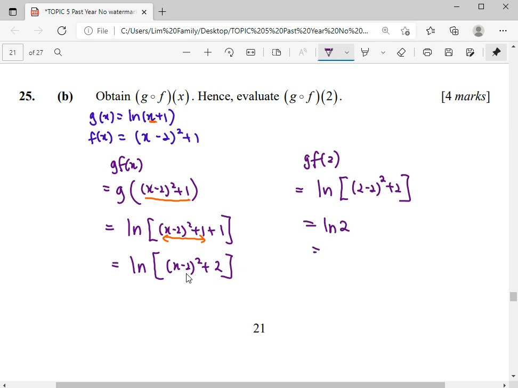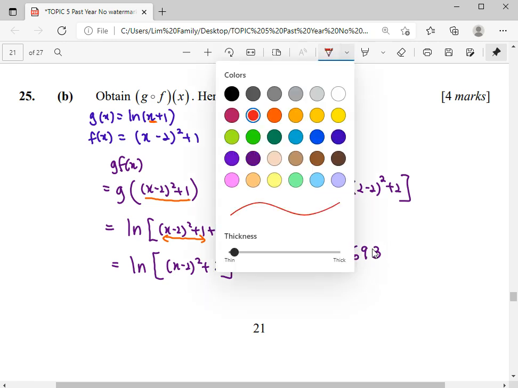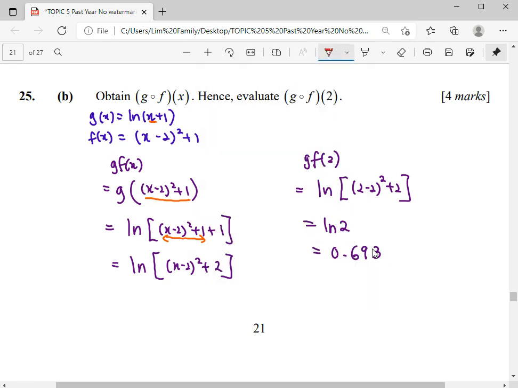So make sure we give the answer in decimal. Finish up the calculation, at least 3 significant figures. So here already 3 significant figures, 1, 2, 3. Alright, so this is how we do our composite. Substitute our g(x) and get to the answer. Substitute our value to evaluate our composite function.